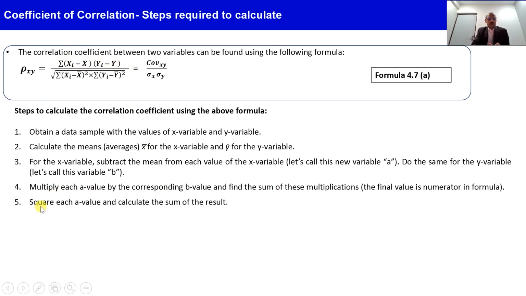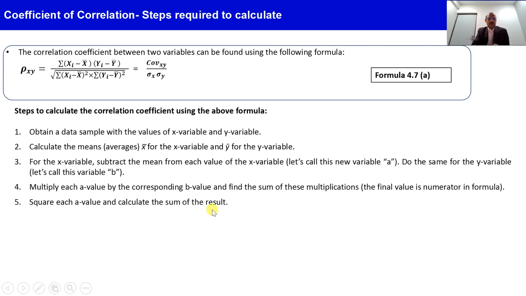Now square each value. This one is x minus x bar, which we calculated and denoted as a, and y minus y bar we call b. So we have to square each a and b separately.